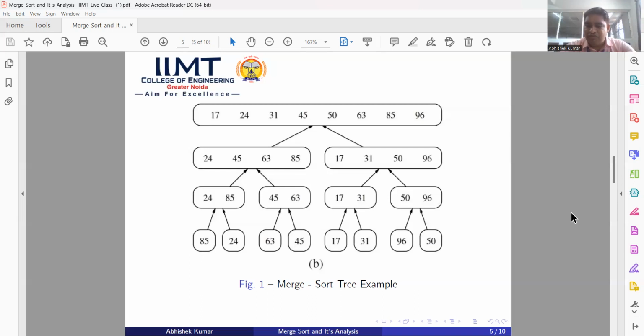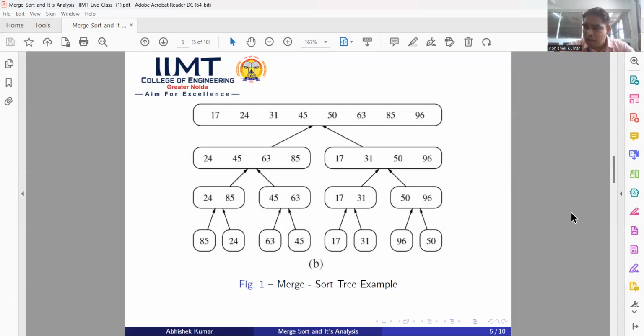First, 17 will be compared with 50. 17 is smaller than 50, so 17 will go to the upper level and the I value will be increased. Now I refers to 31. Again 31 will be compared with 50, and because 31 is smaller than 50, 31 will also go to the upper level. Now the I value will increase. Now you can see in the left subsequence there are no elements left, so the remaining 2 elements will be copied to the upper level.